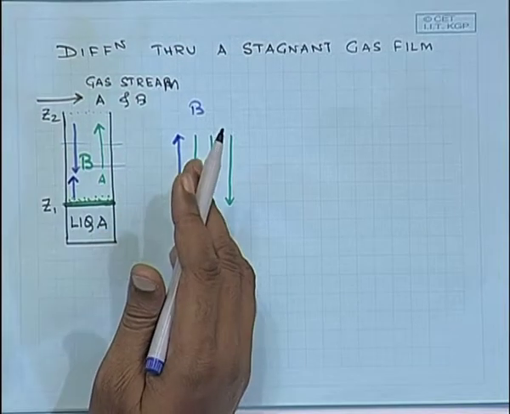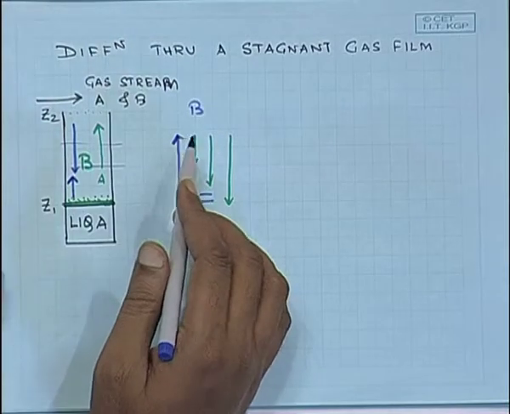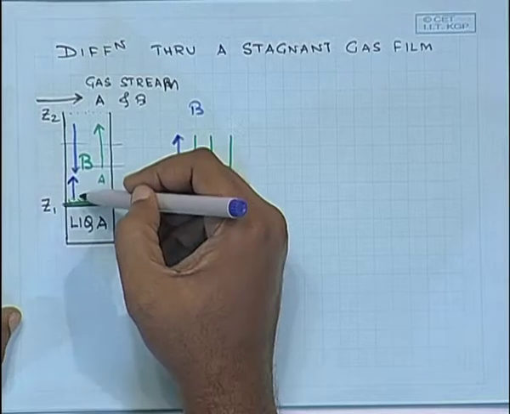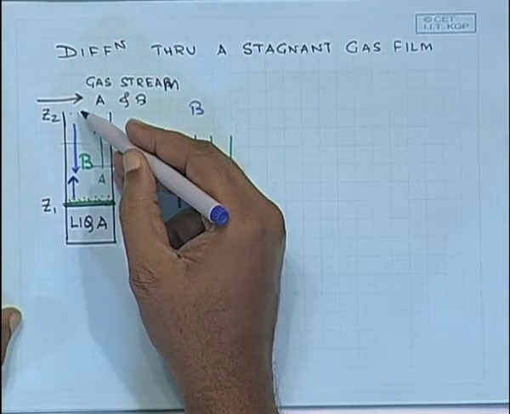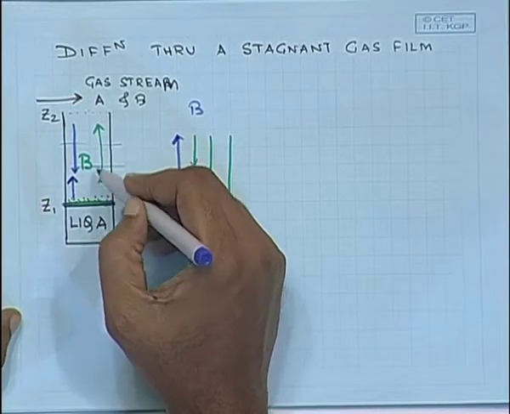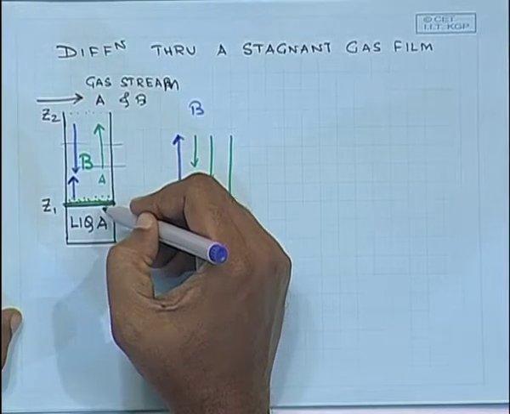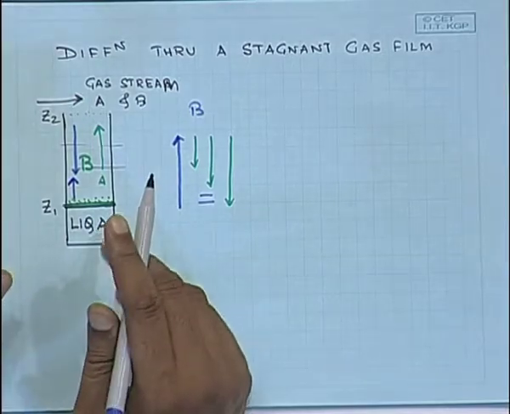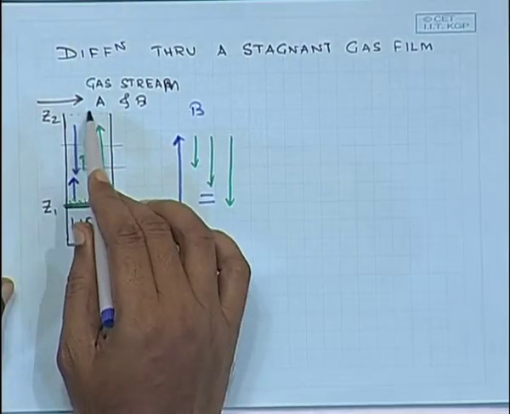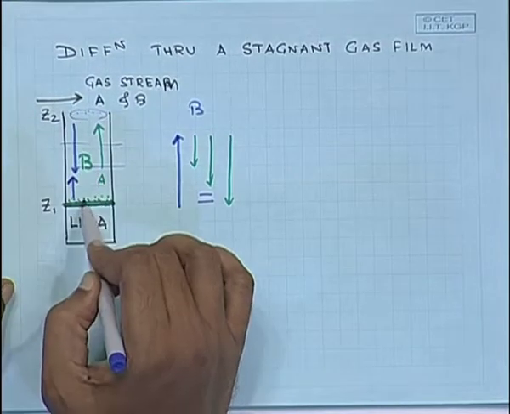So, ultimately at the end of the process your B becomes stagnant again. The difference between the two: previously the concentration of B was the same throughout. In this case you have a concentration gradient of B present in the system, concentration being more at the top, less at the bottom.